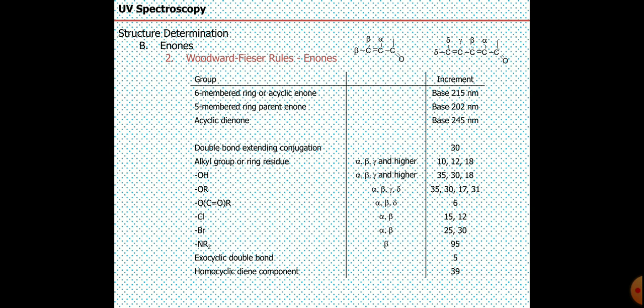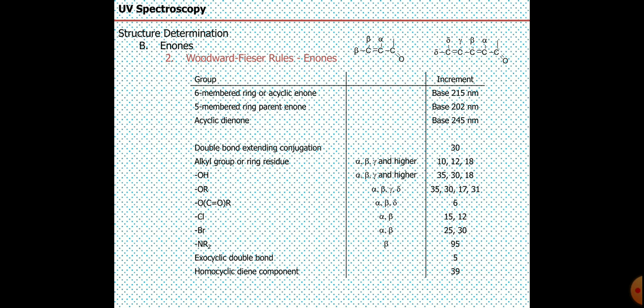So the different increments along with the structure are given. While determining the lambda max value for enones or alpha beta unsaturated ketones, you can use these values. First, if the enone is in a 6-member ring, the base value is 215 nanometer.